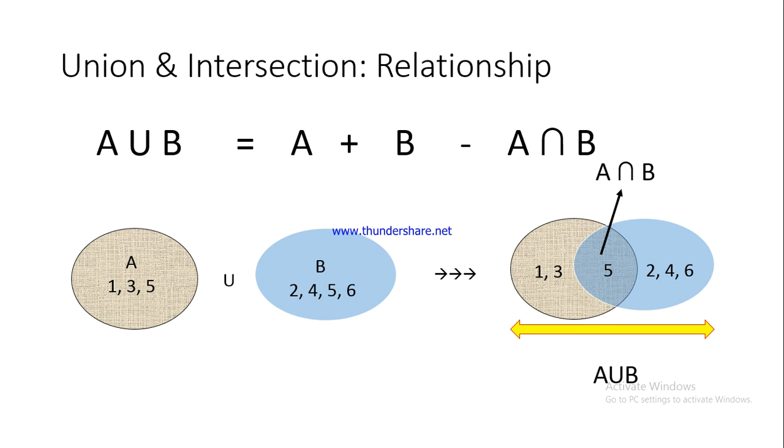So A union B is equal to A plus B minus A intersection B, and we were subtracting A intersection B because it was getting accounted for twice when we added up A plus B. So we had to reduce the one extra A intersection B that was getting counted twice, and that is why A union B is equal to A plus B minus A intersection B.